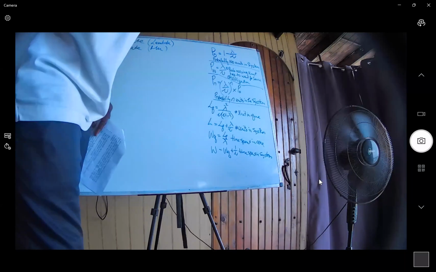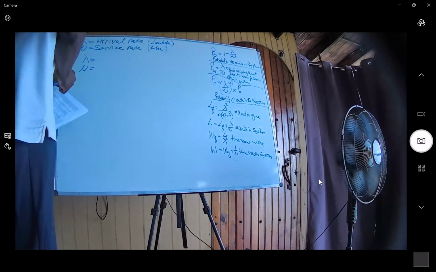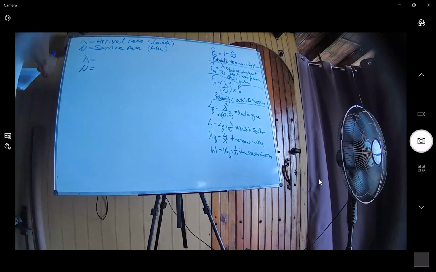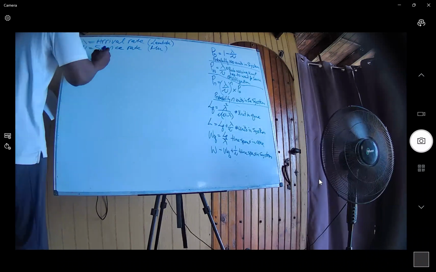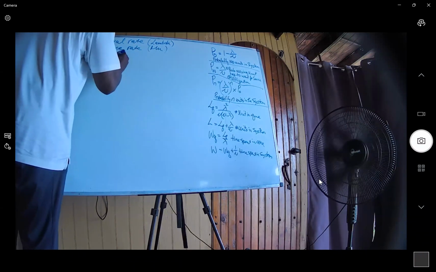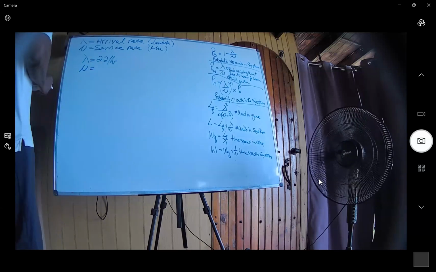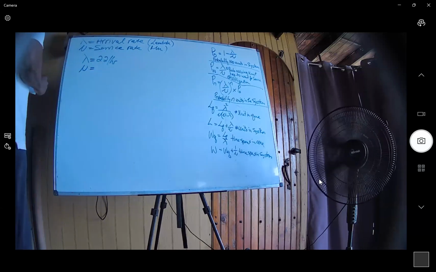First things first, what's your lambda, what's your mu? 2.2 per hour for lambda, and then mu is 3 per hour.